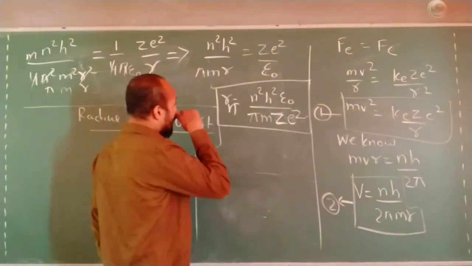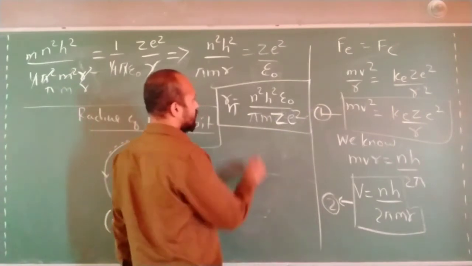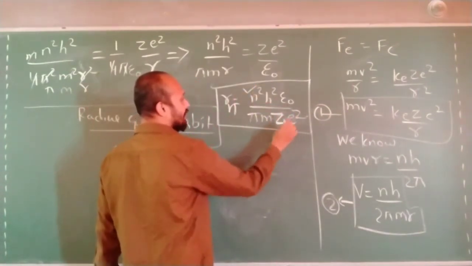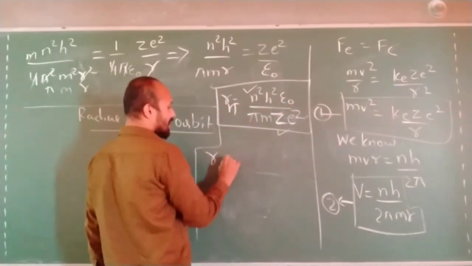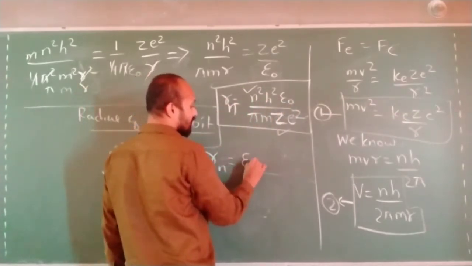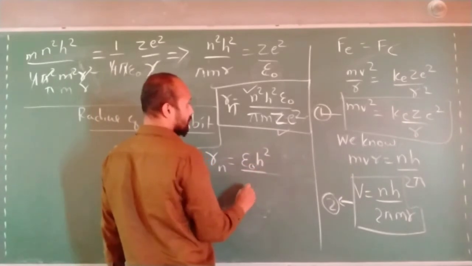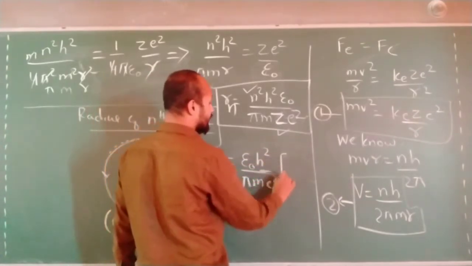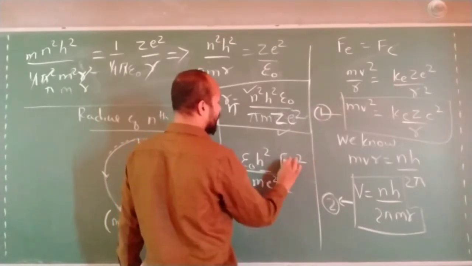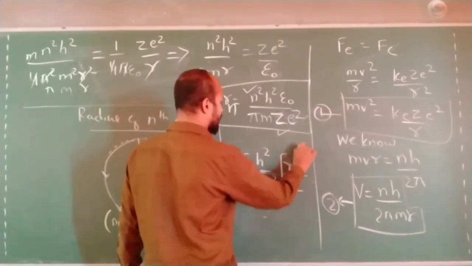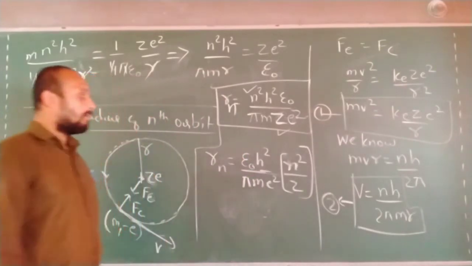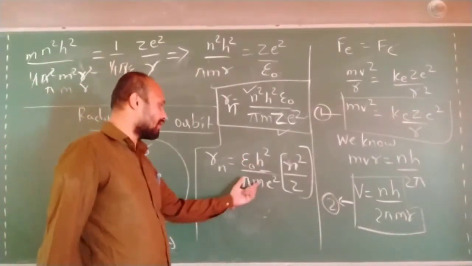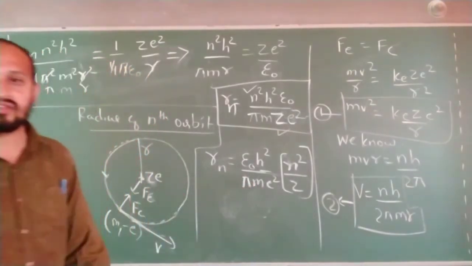See here, except n square and z, I will make everything separate. Rn is equal to epsilon naught h square divided by pi m e square, into n square divided by z. Epsilon naught h square divided by pi m e square, all these things are constant.